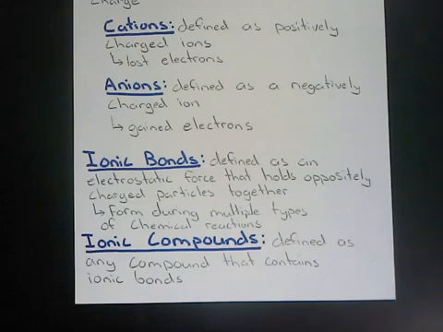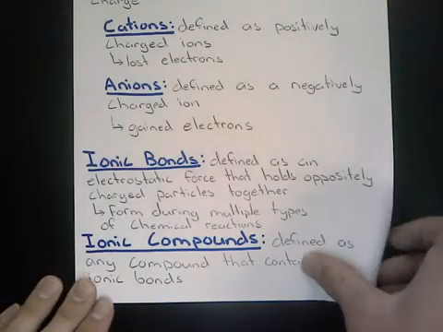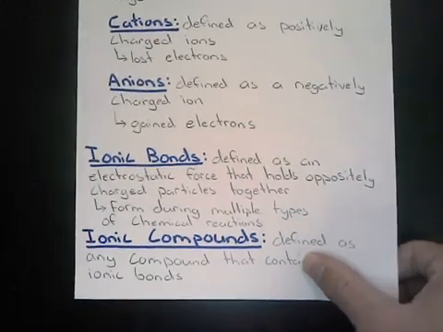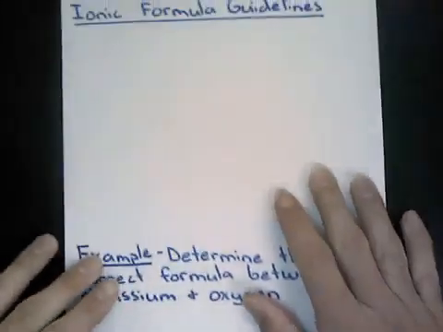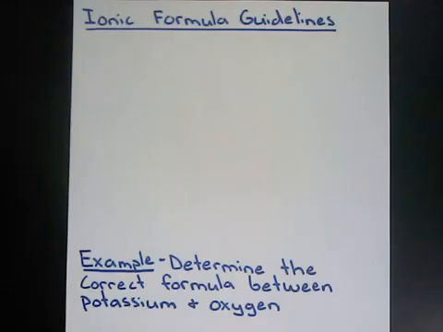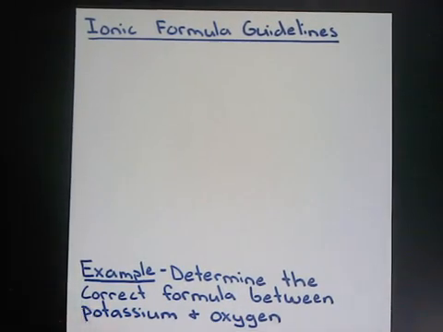Now I want to shift gears to understanding how we write the formulas for ionic compounds. We'll go to the ionic formula guidelines. When we write the formulas for our ionic compounds, the symbol of the cation, or the positive ion, is always written first.